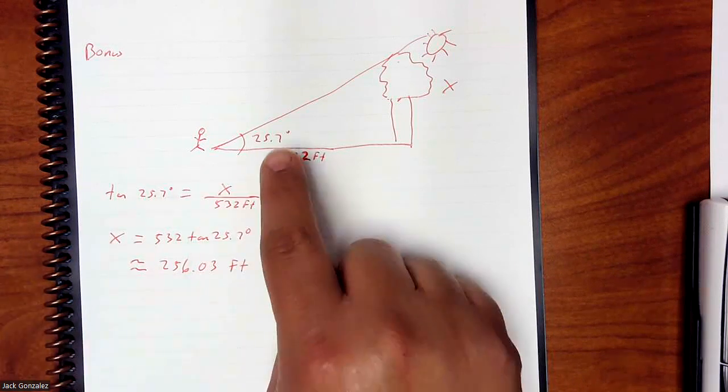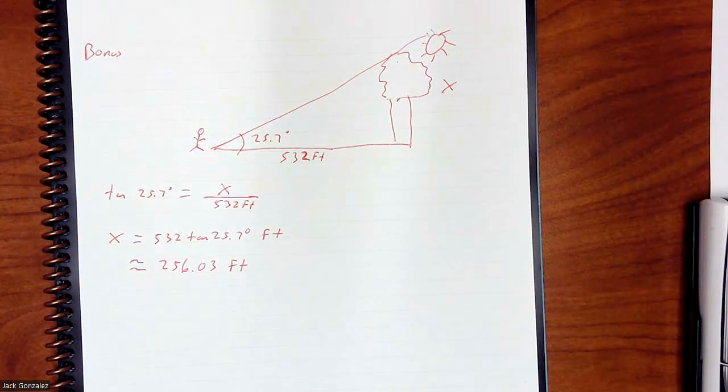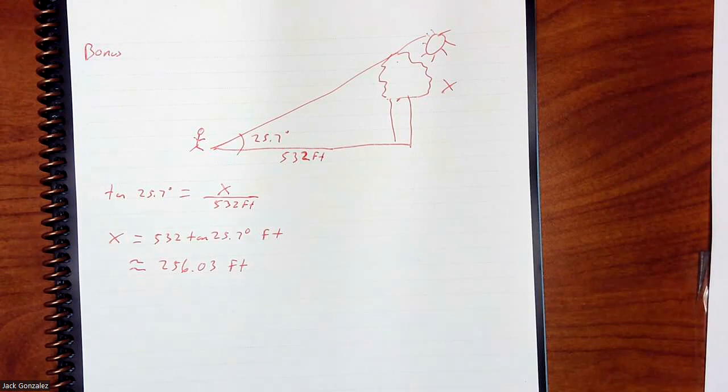Yeah, this is it. This is the elevation here. I'm just looking up. Why isn't that plus something? Yes, it's the same thing. The question asked: find the height of the tree if the angle of elevation is 25.7.